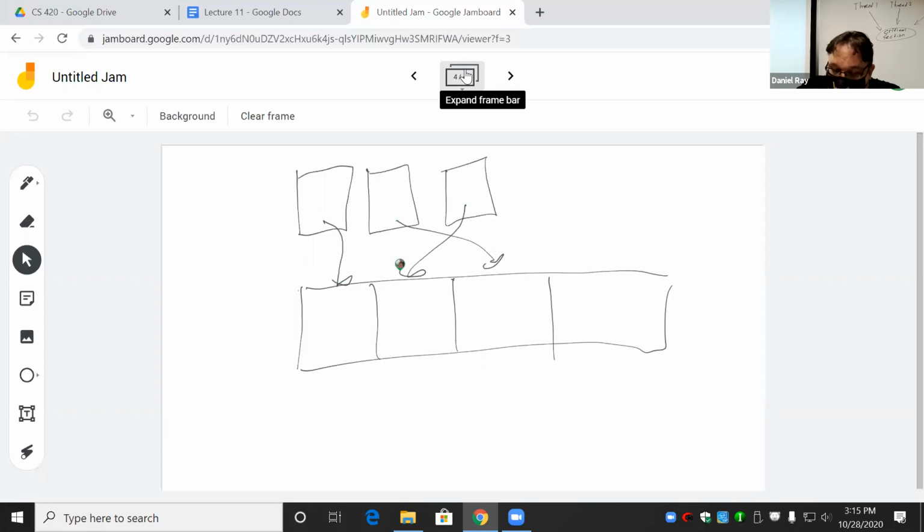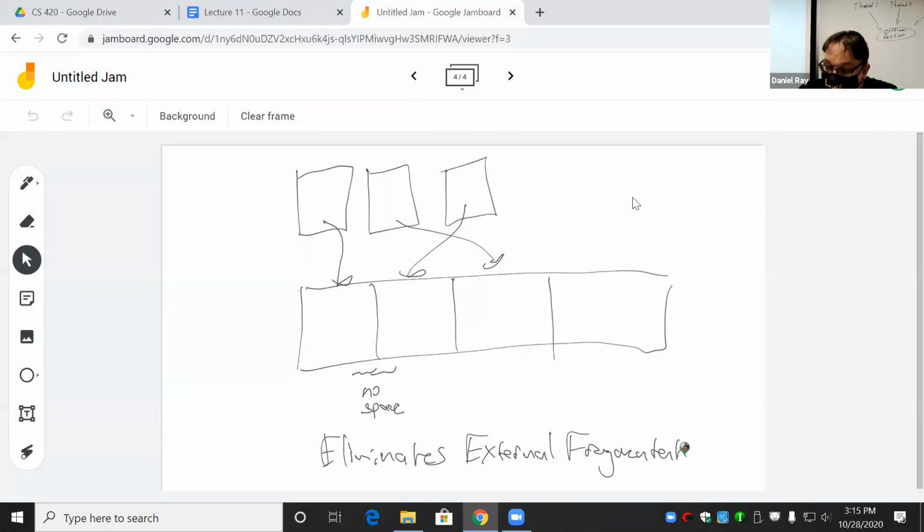There's no leftover space in between these page frames. So this eliminates external fragmentation. Does that make sense? Any questions so far?